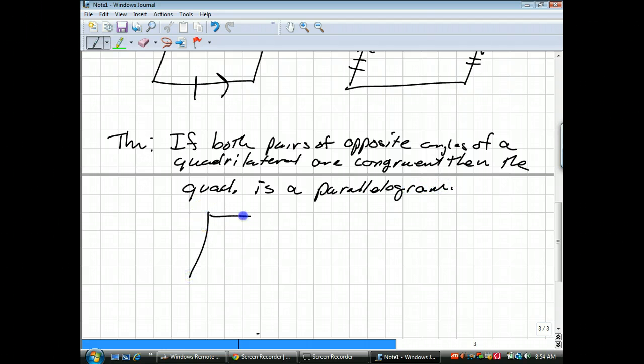Okay, so in this one, if I can show this angle's congruent to this one and that one's congruent to that one, then it is a parallelogram.